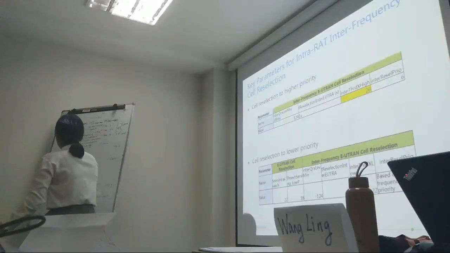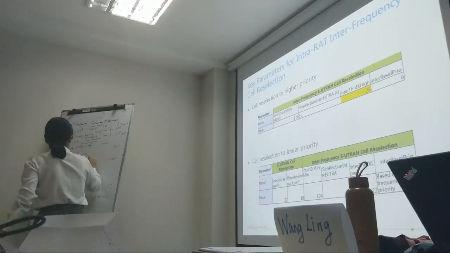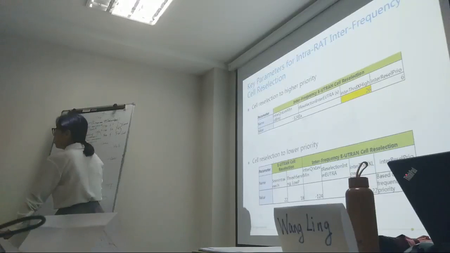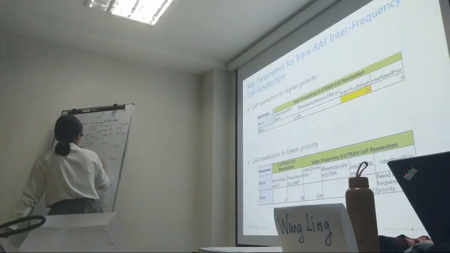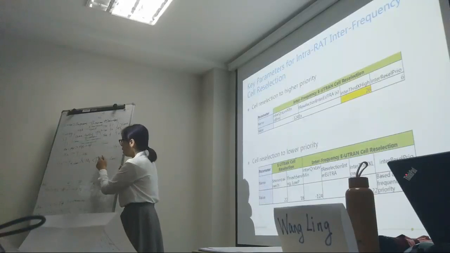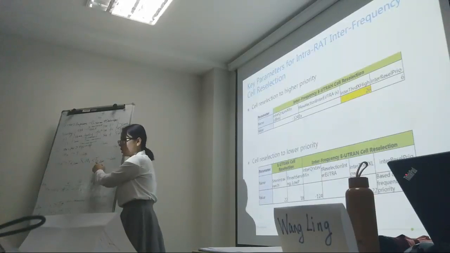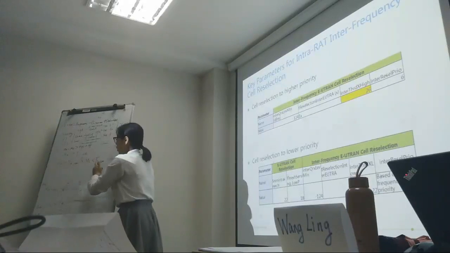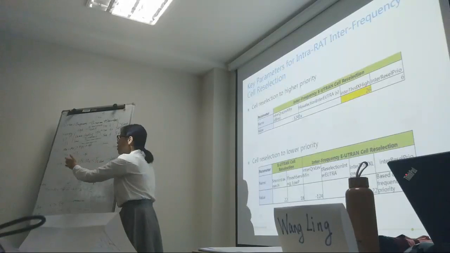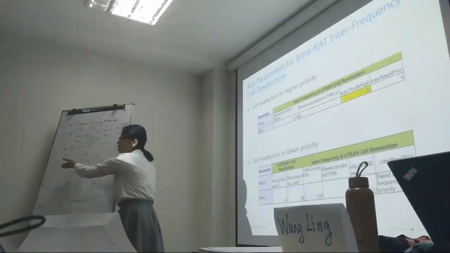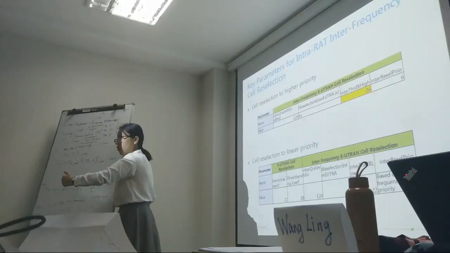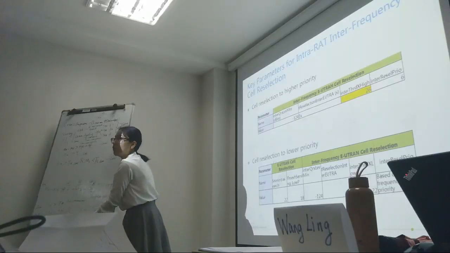And the serving cell should be less than a threshold. The low priority threshold for serving, the low priority threshold for neighboring. We use these two. So if the neighbor cell and the serving cell can meet this condition, okay, I can perform the reselection to the neighbor. Similar with A5.